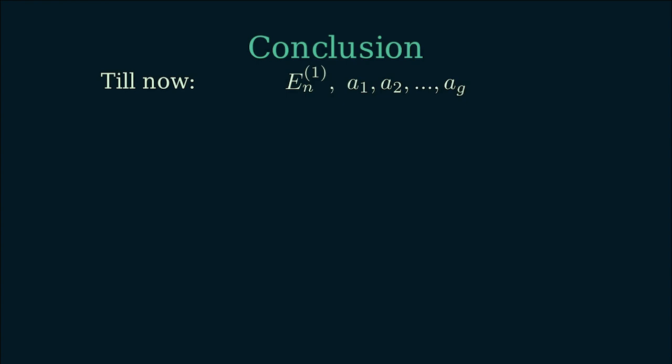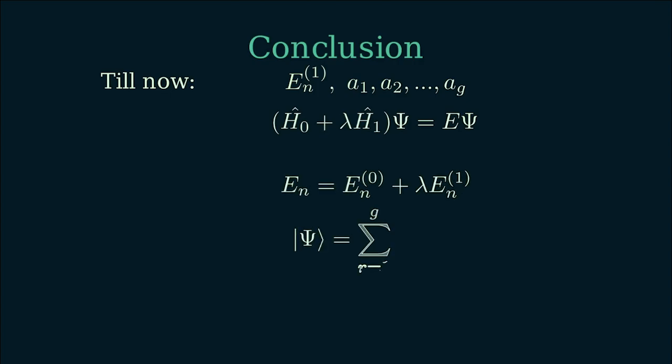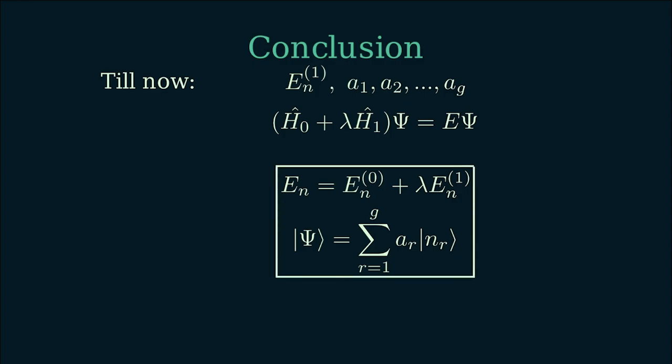Remember, we were trying to find an approximate solution for the Schrödinger equation, where the Hamiltonian can be written in the following form. And we said in the beginning that that approximation would be given by the following two equations. Notice how the values of the unknowns which we have now solved for are used in these approximations.